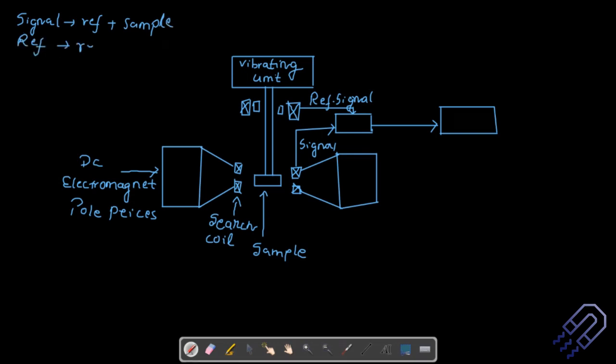So this is just reference, and if we subtract, this gets cancelled. I get the signal only from the sample, right? And that is why a reference signal is put here. I think this is not very complicated to understand.